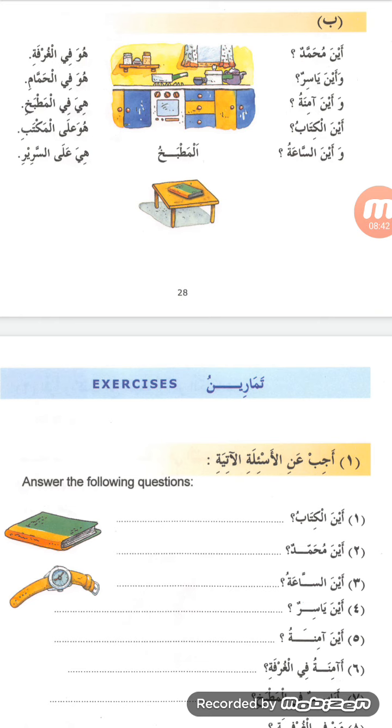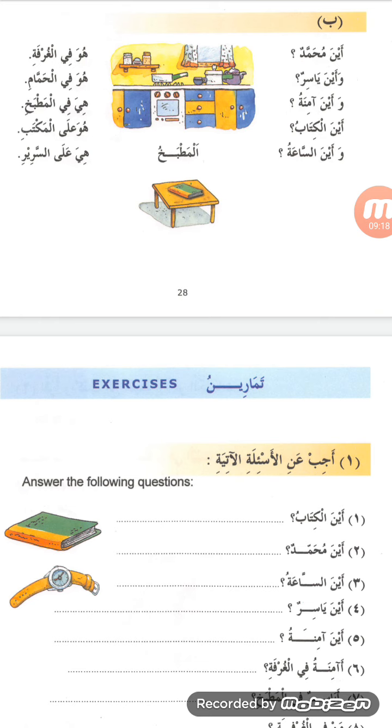So huwa means he. Huwa is a pronoun used for third person, singular, masculine. Huwa means he or it. Hiya is also a pronoun used for singular feminine, third person.